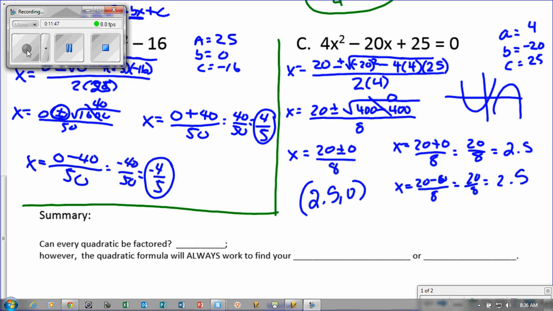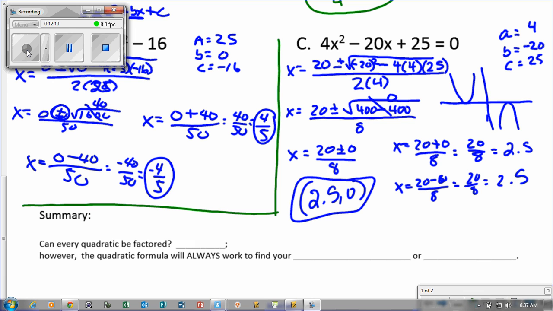When there's only one, that means it only hits the x-axis one time. Yeah, the vertex point will be on the x-axis. That's going to be the only point on the x-axis. That's when there can only be one solution. And we don't write the same number twice. So there's only one solution here. Where in A and B, we had two solutions, which means it crossed the x-axis twice.